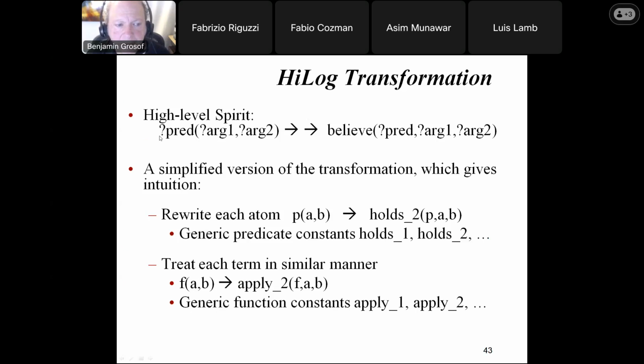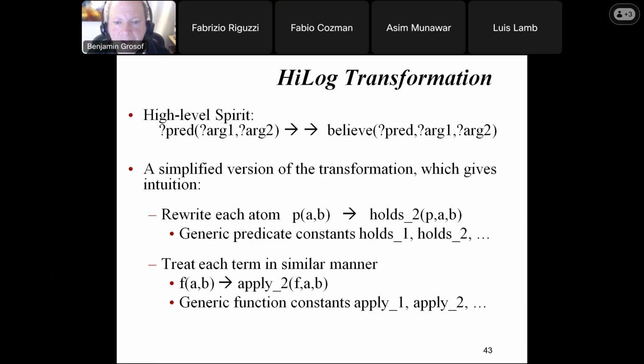The high level spirit is if we have some literal, a predicate, say, being applied to 2 different arguments, that's rewritten, transformed into another literal, which has a particular predicate where the predicate is not a variable. And then the predicate variable becomes an argument along with the original arguments of that newly introduced predicate.